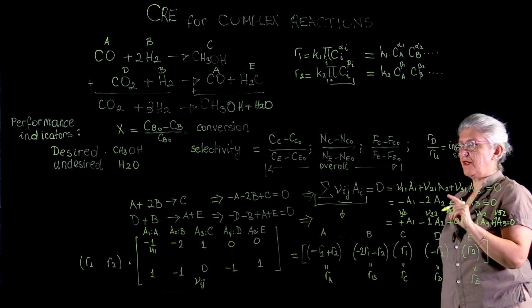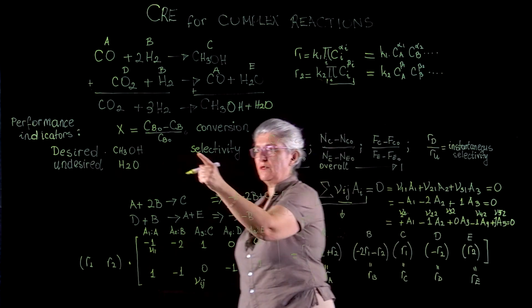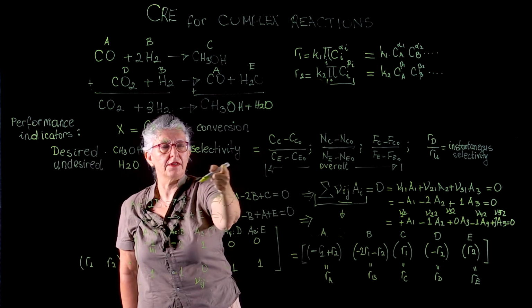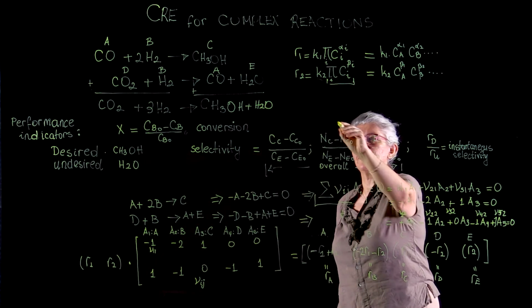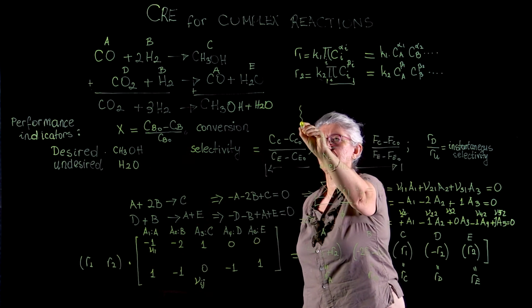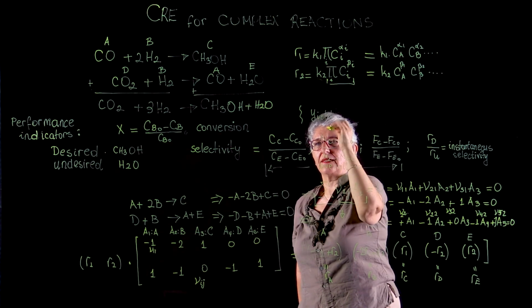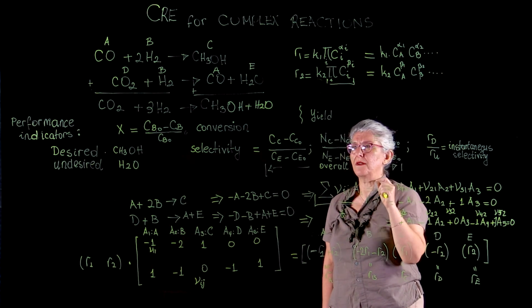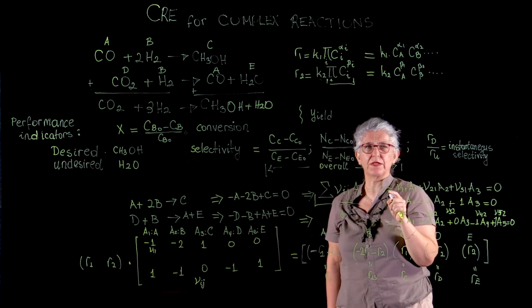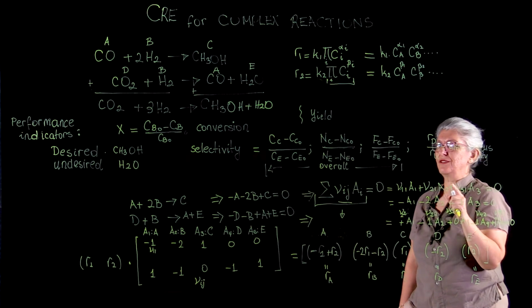We have to define one more term. We have defined conversion. We have defined selectivity. We have to define the yield of the reaction. Yield gives us how much of the reactants that are converted are used to produce the desired product.